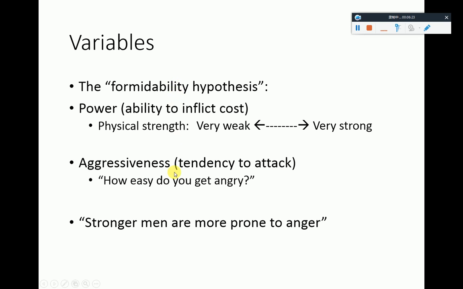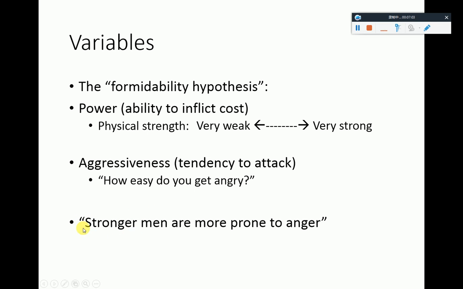So once we start talking about variables, then we can start to reformulate this hypothesis in a very concrete fashion, right? So previously we said that the formidability hypothesis predicts that power will predict one's aggressiveness. So it's still a little bit abstract, but once we replace all the terms in that hypothesis with variables, strong, stronger, right?